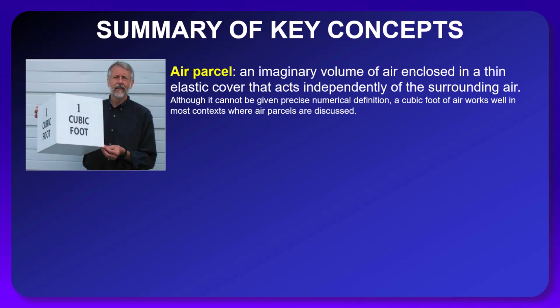While this independence concept is not very important in this module, it will become extremely important in module 4. The average size of an air parcel is about a cubic foot, which is what you see in this image right here.